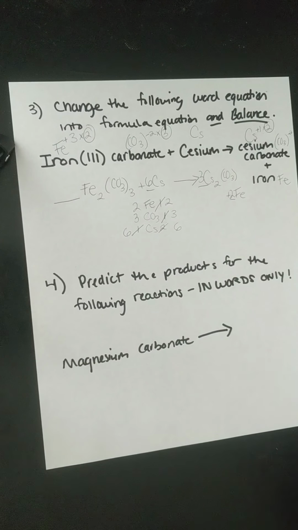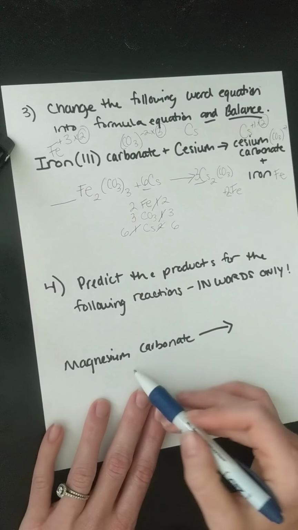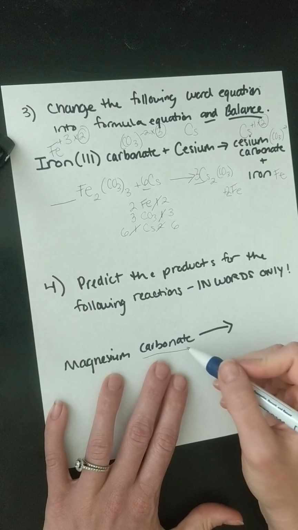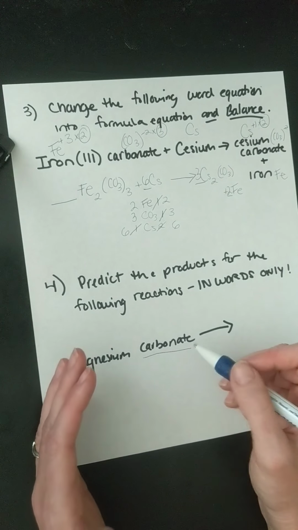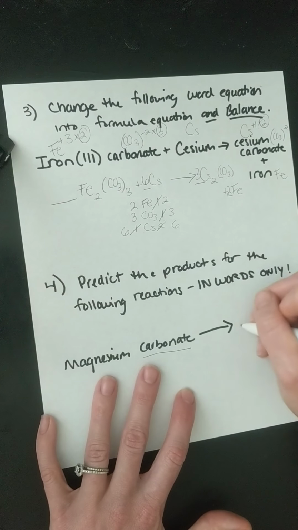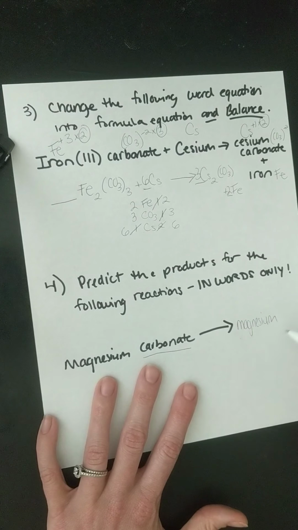So it's coming apart. So magnesium carbonate, anytime you see this carbonate, this gets split up into an oxide and a carbon dioxide. So the metal, magnesium, the metal always stays with the oxide and a carbon dioxide is released.